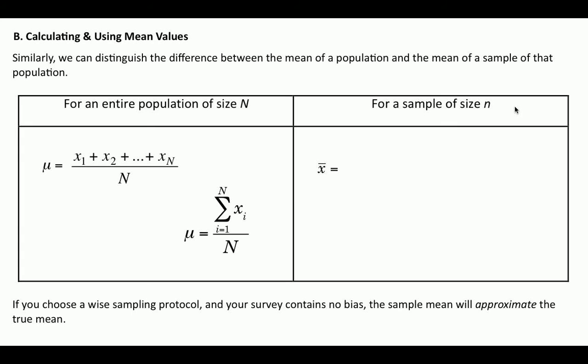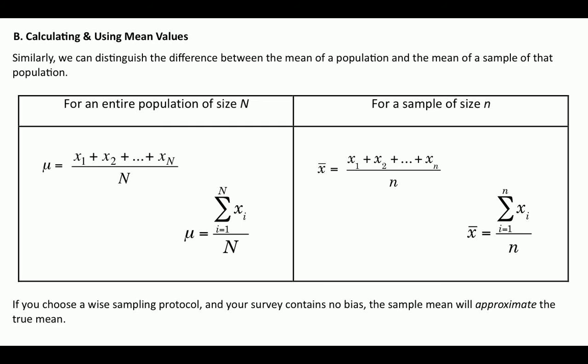When we look at a sample, usually we use small n to denote the number of elements in that sample. Here we would have a very similar formula for the sample mean, only different in notation. And here's the summation notation for a sample.